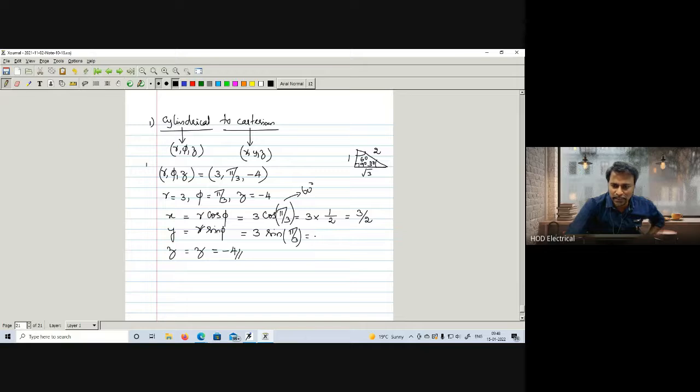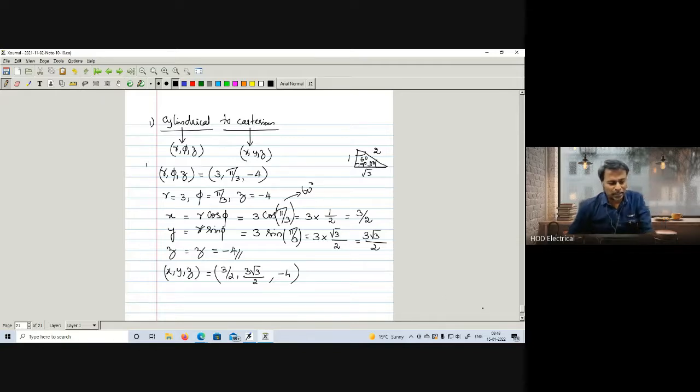The opposite side for 60 degrees is root 3, divided by hypotenuse 2. Therefore y is 3 root 3 divided by 2. So we can write x, y, z as 3 by 2, 3 root 3 by 2, and minus 4.